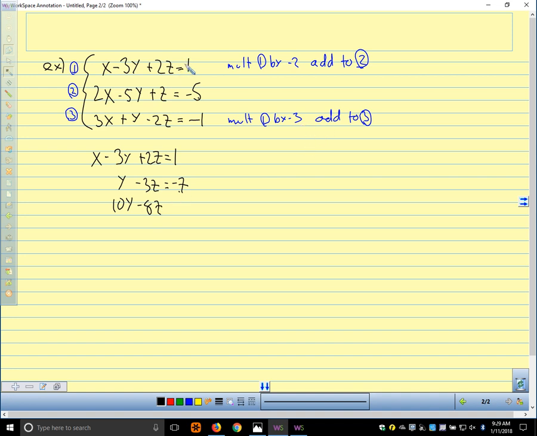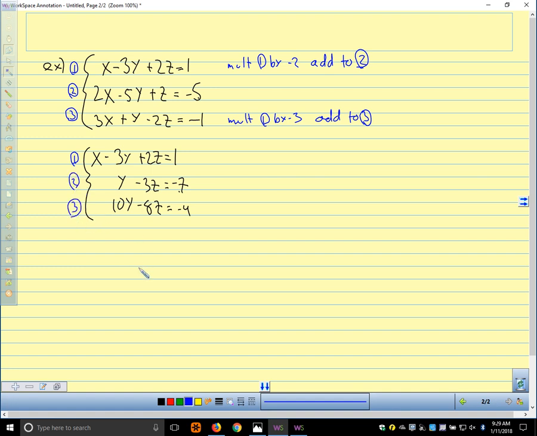And I get a -3 plus a -1, so a -4. So this is my system after I've done these two steps on the first system. And then we get 1, 2, and 3.